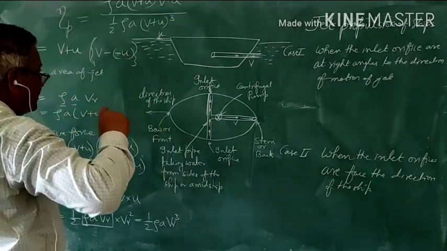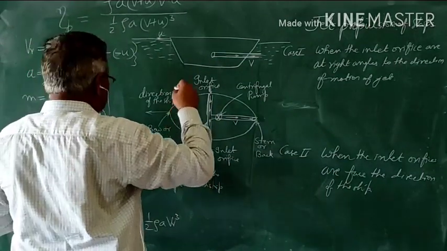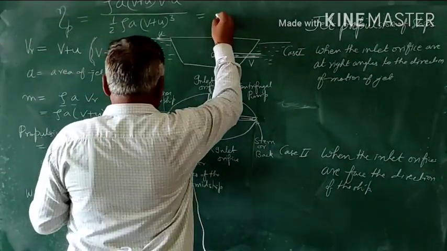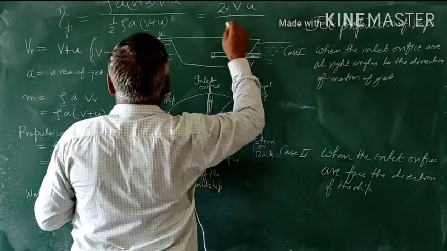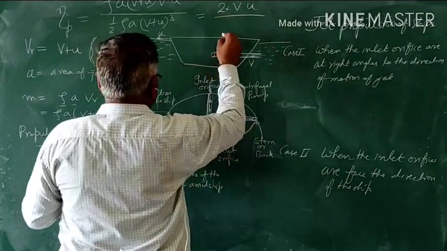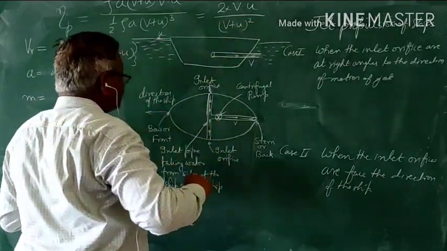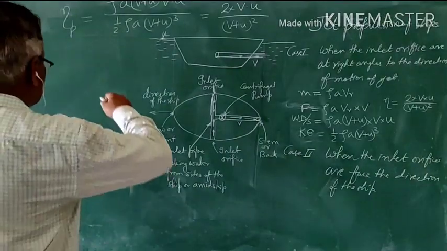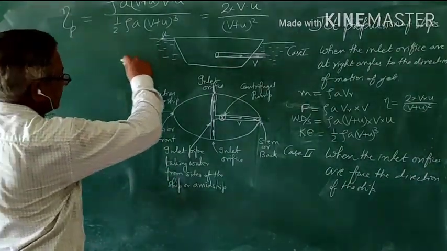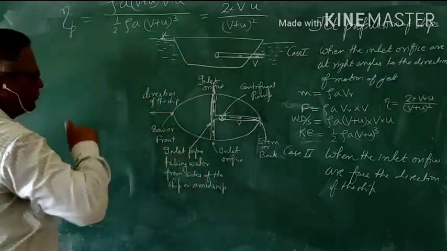So this is the kinetic efficiency. If you solve this, it becomes 2 into V into U upon V plus U whole square. So this is the efficiency of the propulsion.